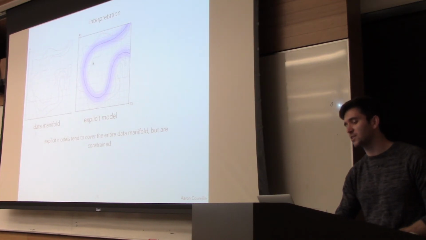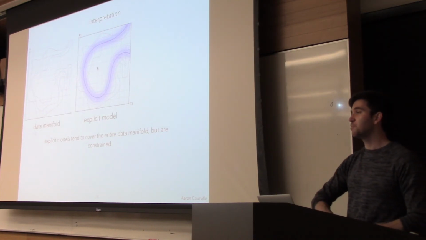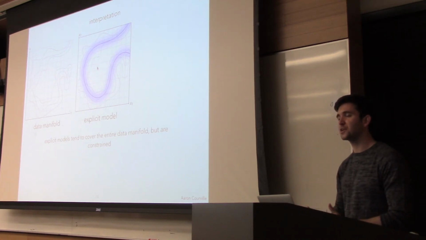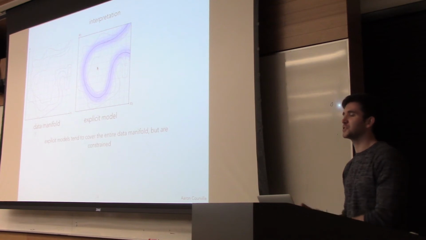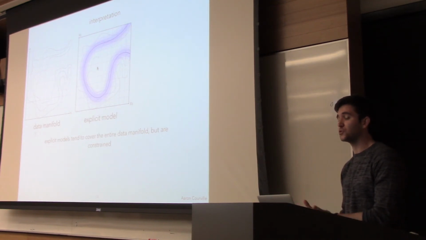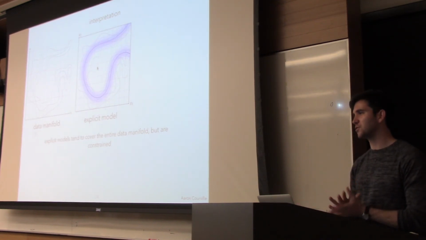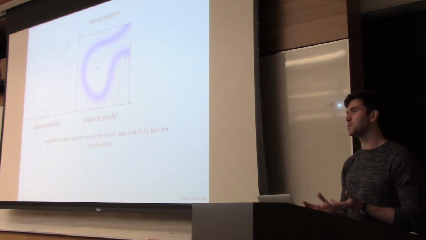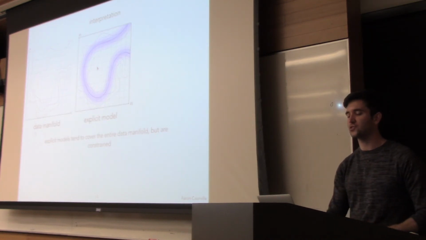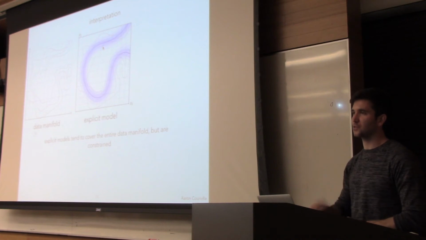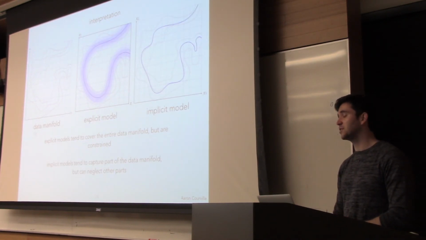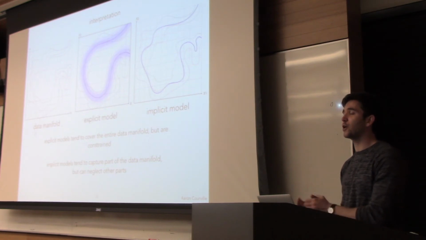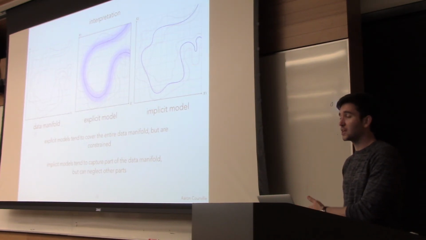But you can see that it's going to miss out on certain areas, because the fact that you're using this explicit probability distribution limits you in some ways. You have to conform to Gaussian distributions or whatever kind of distribution form you're using. And so typically these models do fairly well at capturing the data distribution, but they can miss out on certain components, and they typically leave a lot of the details under the rug. Whereas with one of these implicit models, at least the conventional wisdom is that they are able to capture much better because they're not limited to explicit probability distributions.